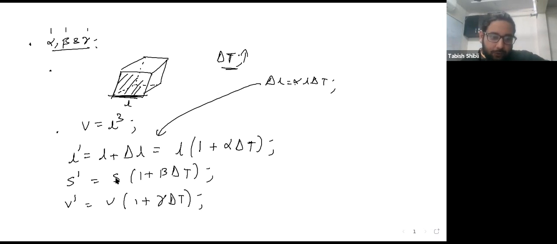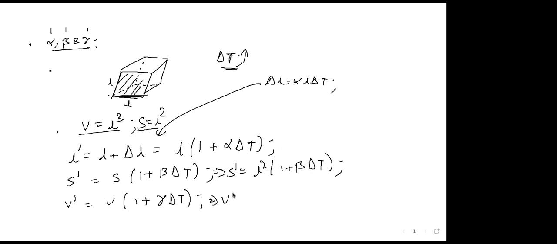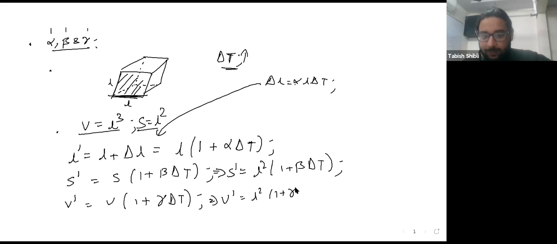Now we know the volume is L cube and the surface area is L square. So take the values of all three and put them in. This implies S dash is equal to what? L square (1 + beta delta T). Correct? Yes. What about V prime? L cube (1 + gamma delta T). Lovely. So now this is the new volume, this is the new surface area, and this is the new length.